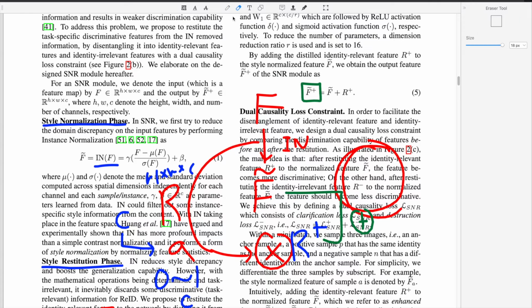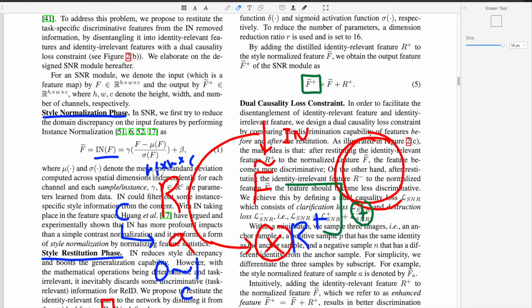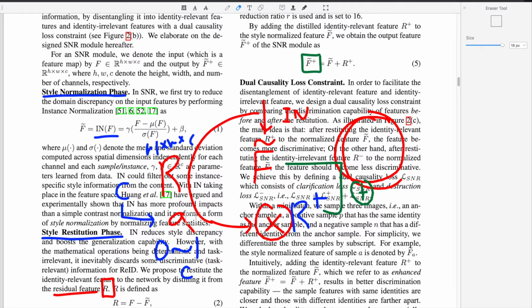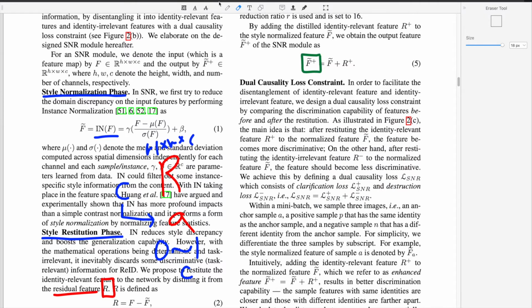However, this itself might not cause the network to learn a mapping from R to A that can distill the identity relevant feature R plus. Therefore, this paper suggests another regularization called dual causality loss constraint. So let's look at this in detail.